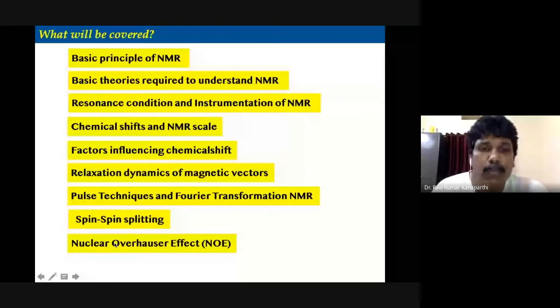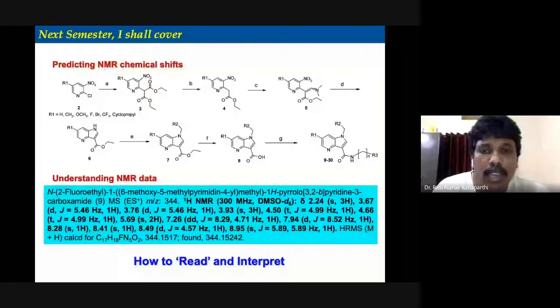As chemists, we will mostly be interested in two aspects: either you have a spectrum, or you have a molecule, or you have a transformation. Let's say you are taking a particular starting material to a product through different steps. In each step, you want to confirm whether the molecule has formed or not, right?